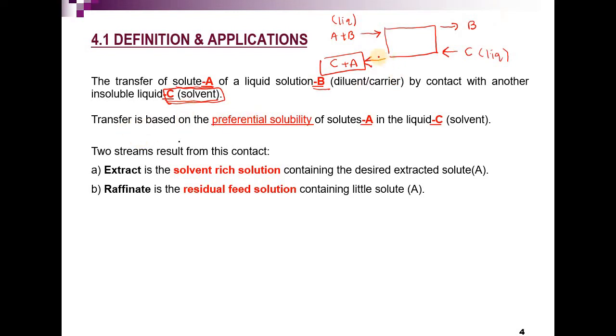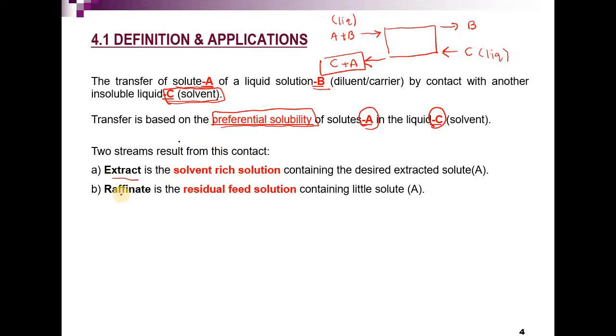The transfer of component A from B into C is based on the preferential solubility of solute A in C. So component A will transfer into C. The factor that makes A move to C is what we call preferential solubility.